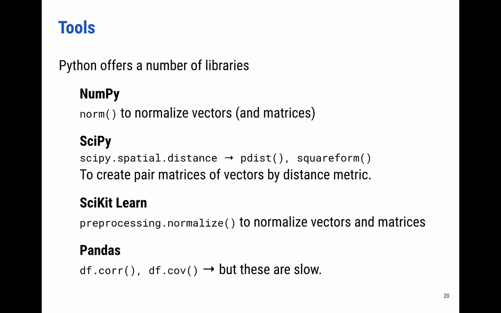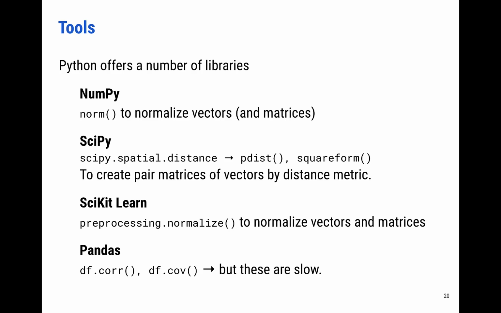So NumPy, which is the foundation of our stack, which is basically Python's linear algebra library, has a function called norm, which takes as an argument a vector or a matrix, and it returns the norm. Note, though, when you pass a matrix to it, it returns a single value. It's getting the full matrix norm, not the norm of all the vectors in the matrix treated individually. That's what scikit-learn preprocessing normalize does, which I have in the 3rd option here.